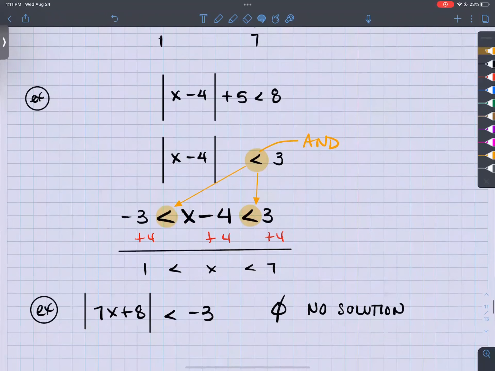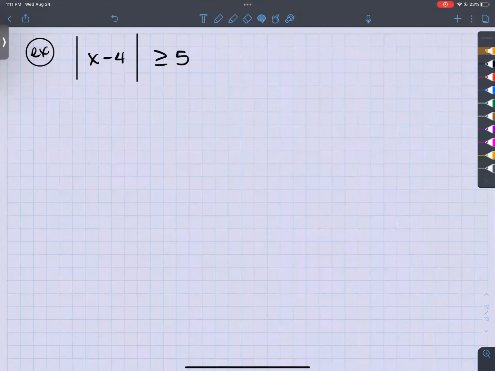Okay, so let's take a look at this one right here. So let's say you go, okay, let me write this as is. Maybe this is an and. So okay, I'm gonna write this side, symbols are the same, and it's gonna be negative.